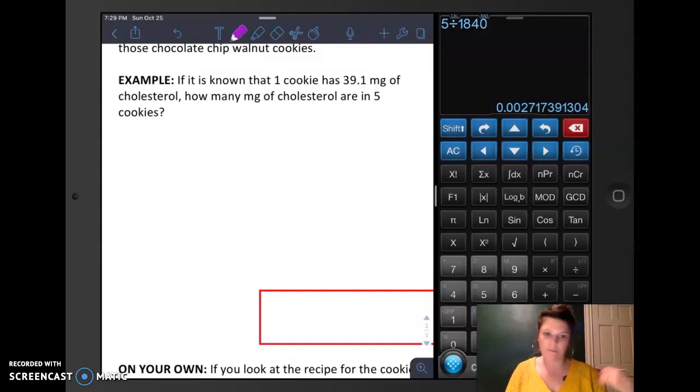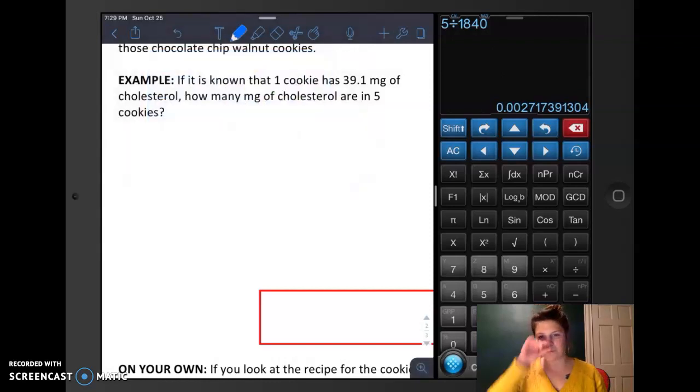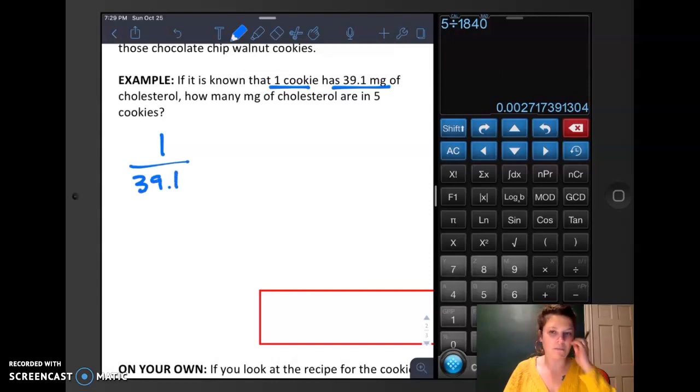Cholesterol is thought to be really not very good for you. So the cookies are not the most healthy thing. We all know that. So we're going to say 1 cookie has 39.1 milligrams. And so our 2 units are number of cookies on top and then milligrams of cholesterol on the bottom.